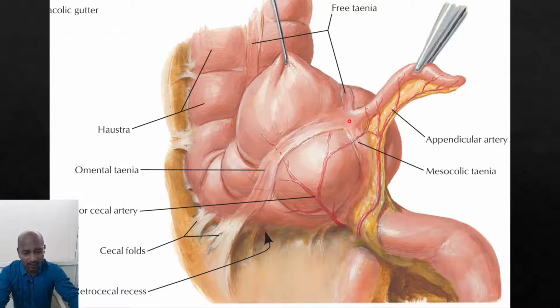At the base of the appendix there is a small lumen, which is variable or slit like in appearance. When you open the cecum and see from the inside, the opening of the appendix is slit like, and it is partially covered by a mucosal fold, forming an asymmetrical wall.